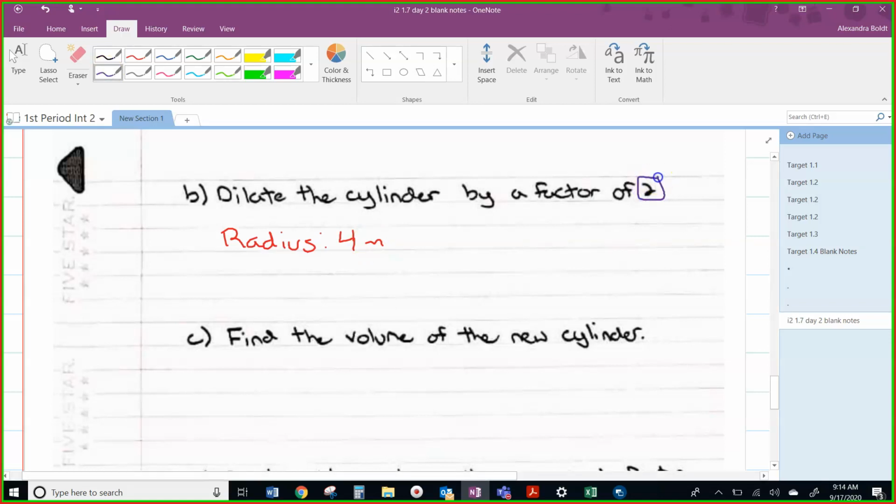My scale factor is 2. So my new radius is going to be 8 meters.